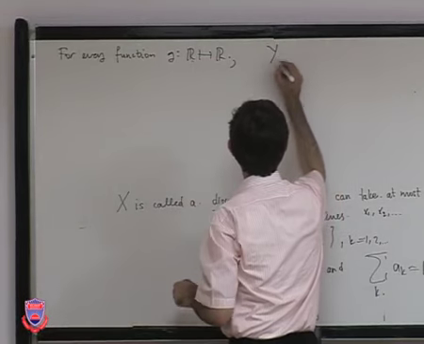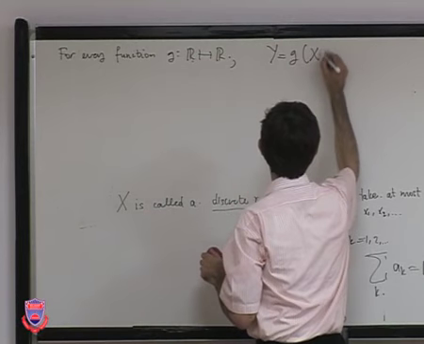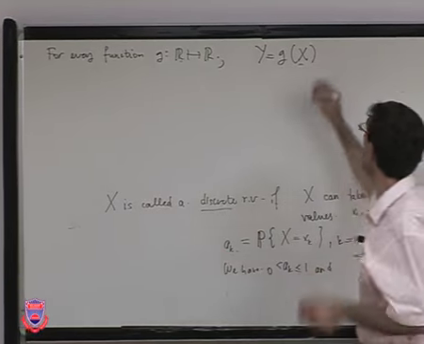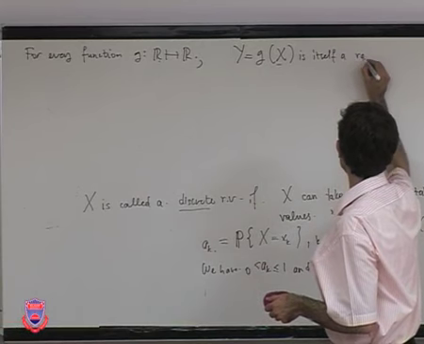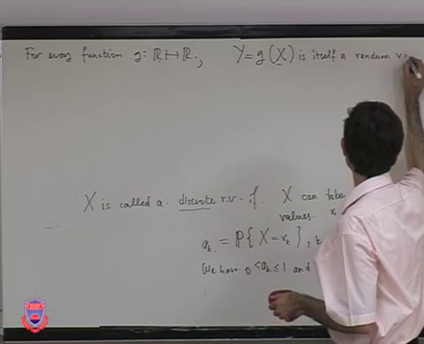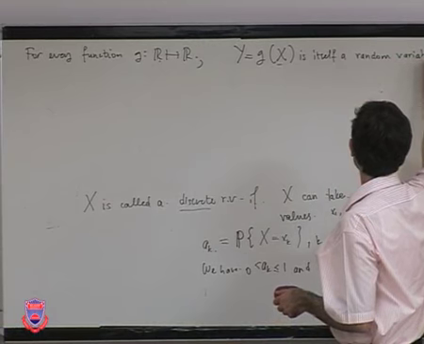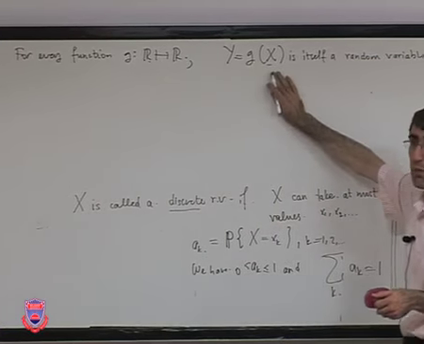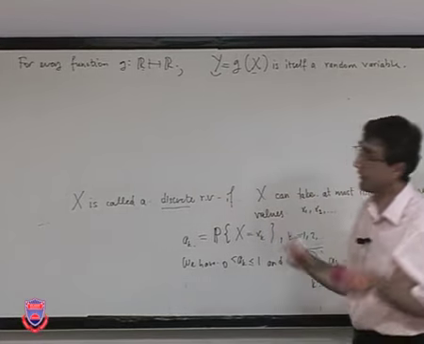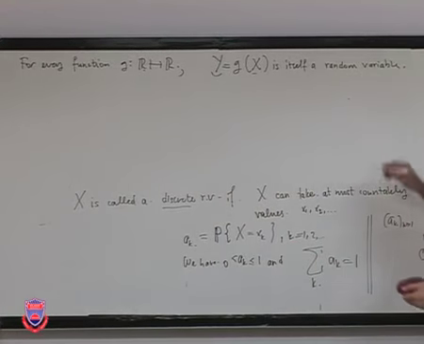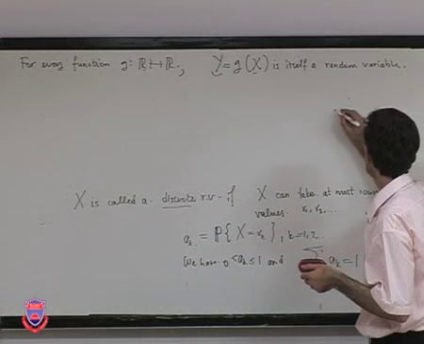if you just denote by Y the composition of g with the random variable X, it is itself a random variable. What do I mean by this? Just the way X is a mapping from omega, the sample space, to the real line, Y is itself also a mapping from omega to the real line.